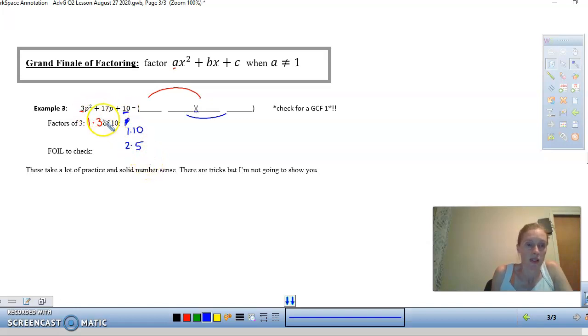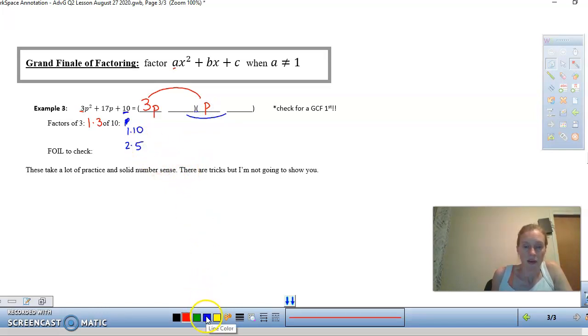Everything's positive, so all my factor pairs are positive. Now we're just going to guess and check and figure out which pairs are going to work. Generally, I put the 3, the number in the front, in the first section, and then just p in the second. It doesn't matter really which way you go.